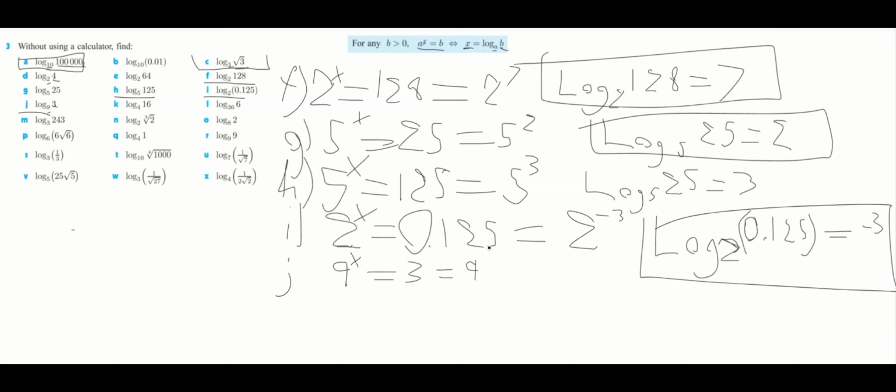So 9 to the power of 1 over 2, because that equals square root of 9, which equals 3 if you think about it. So log base 9 of 3 equals 1 over 2. Because again, we're saying x is 1 over 2. I know that's my 1 over 2. It's terrible.